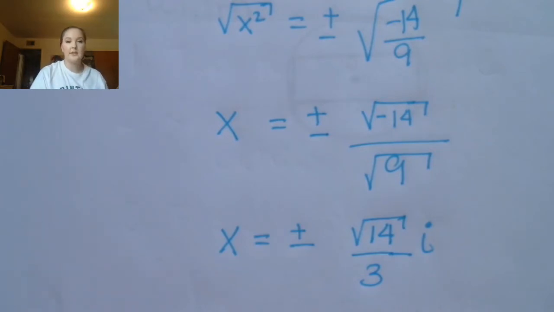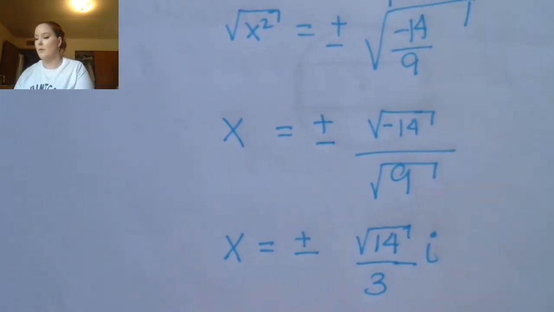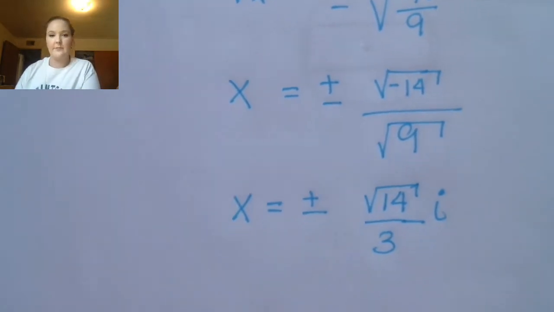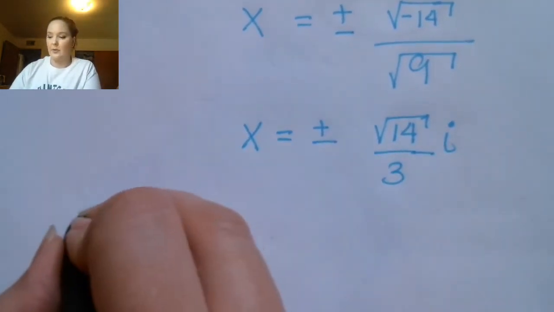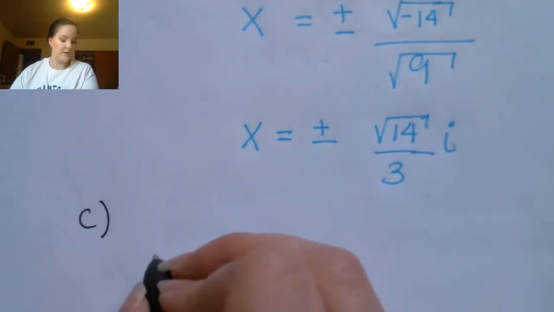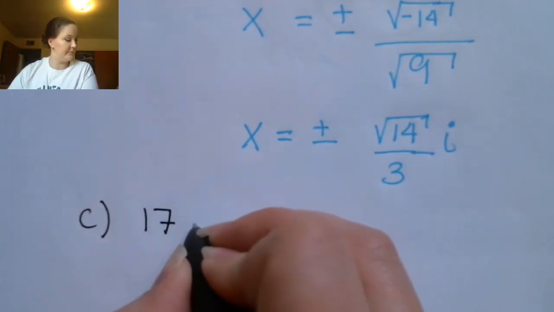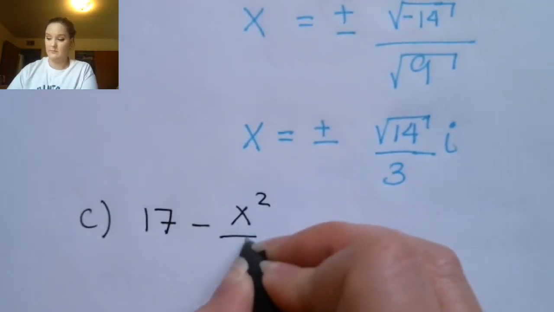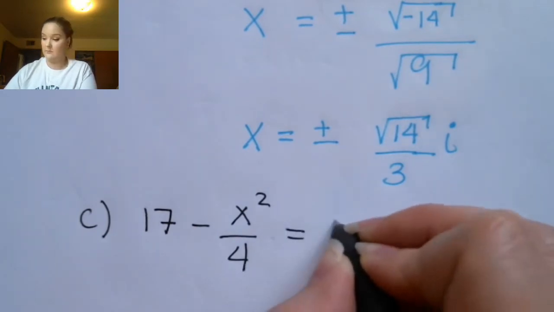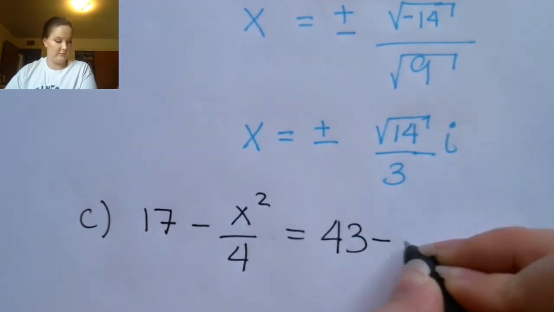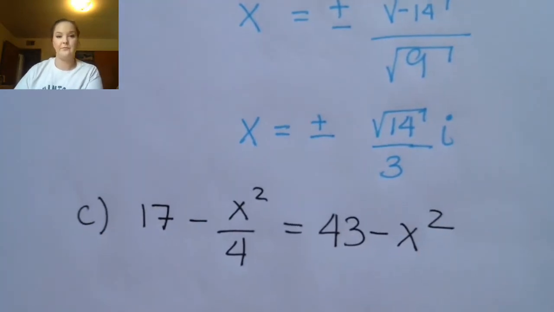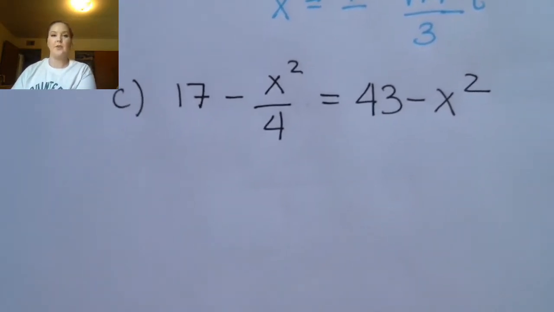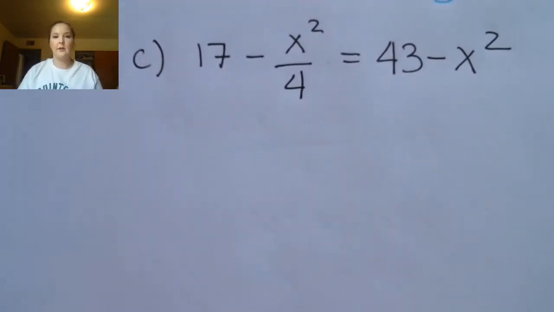All right. Let's solve maybe one more equation like this, and then we'll look at a different type of equation. So the first thing we're going to do here is combine all of our like terms together.